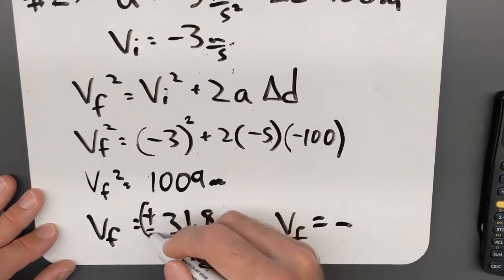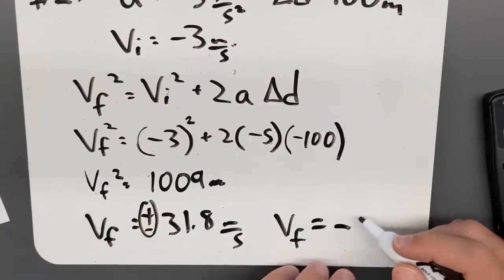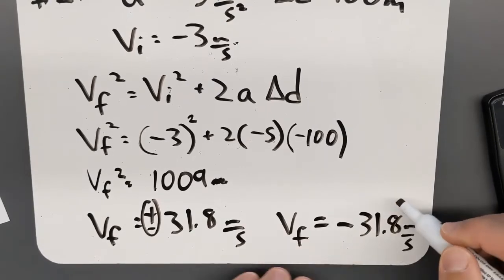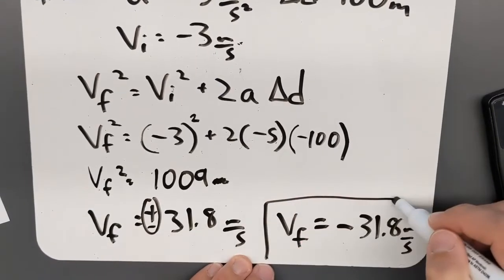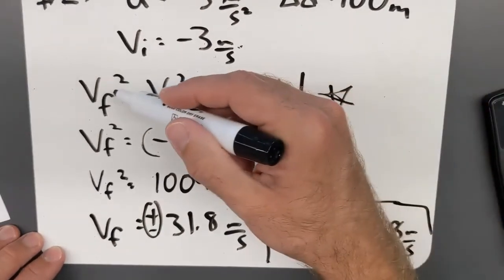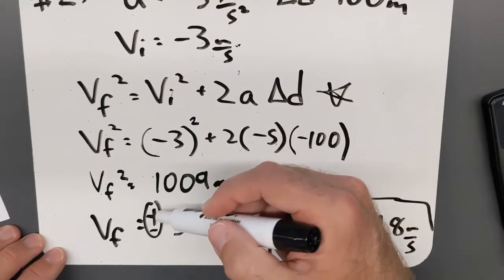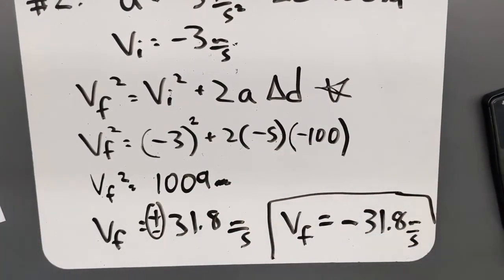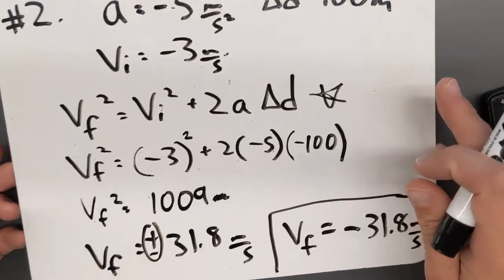So we have negative 31.8 meters per second. Be careful when you do this equation. When you solve for the final velocity, you're taking a square root, it can be plus or minus. Make sure you apply which one it is, and that comes from reading and understanding what's going on in the problem. Okay, so that's part A.